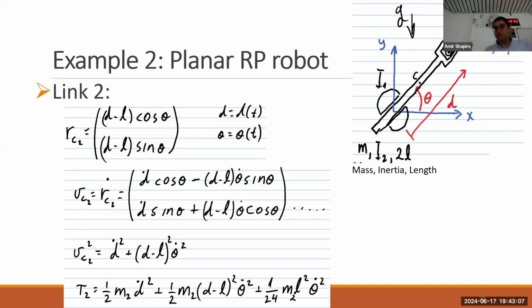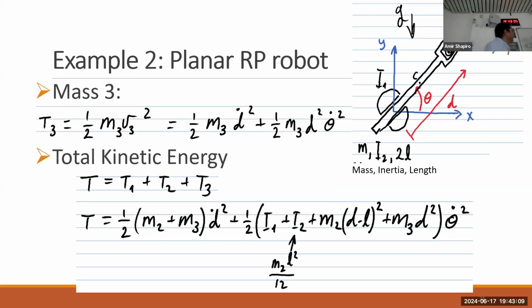It's the same term here, but instead of d minus L, it's d. So the total kinetic energy is the sum of the kinetic energy of the three masses, and this is what we get.